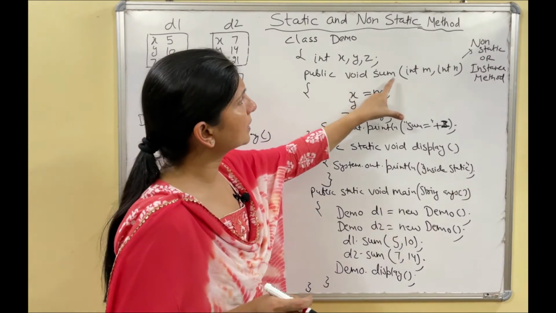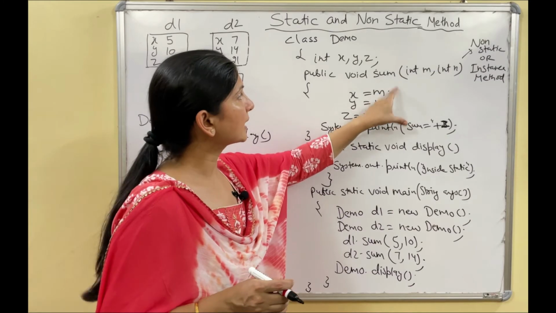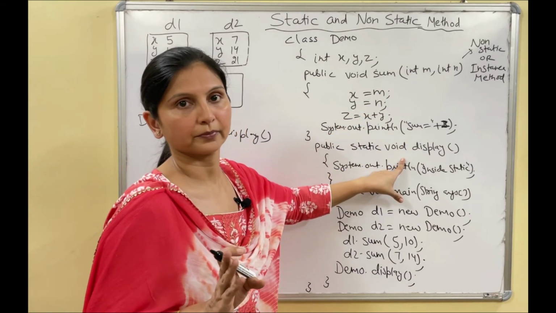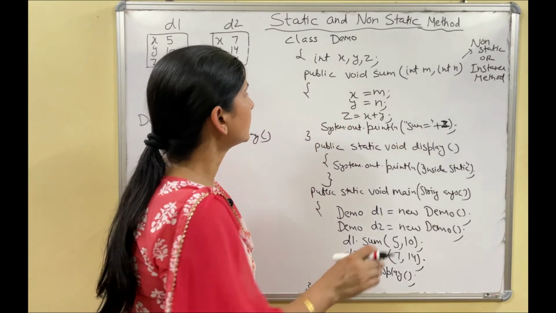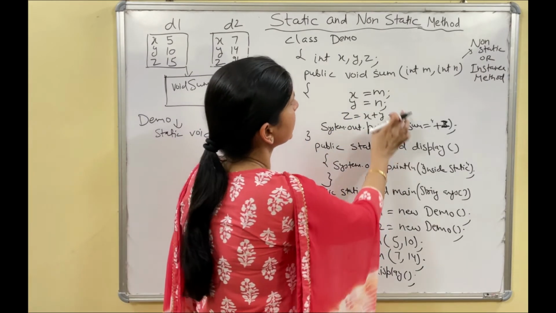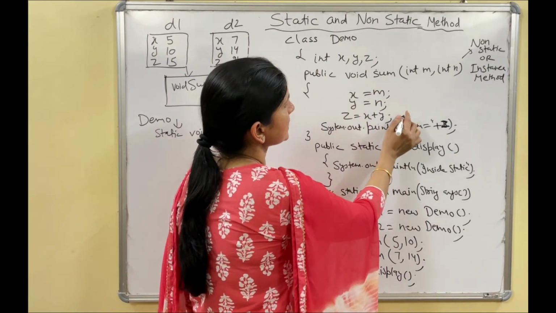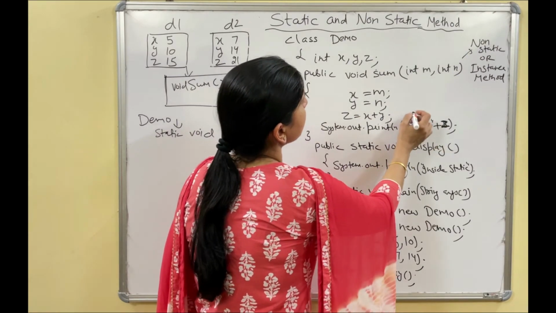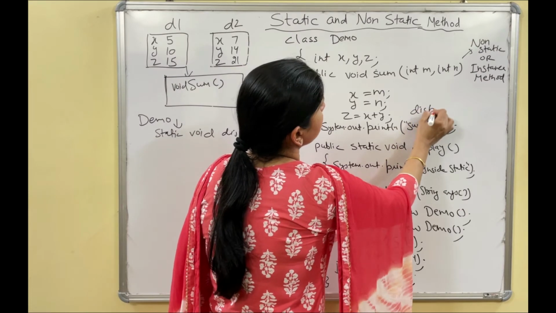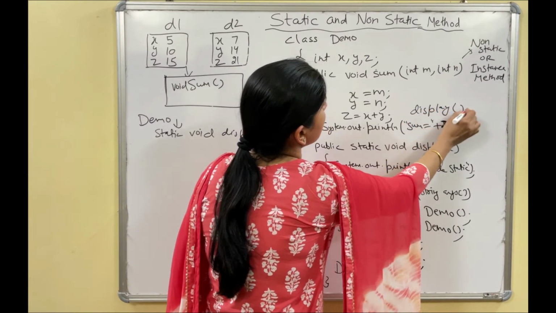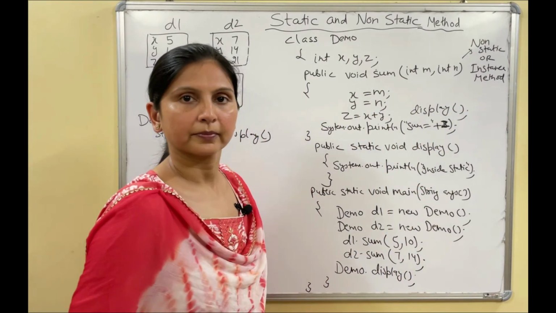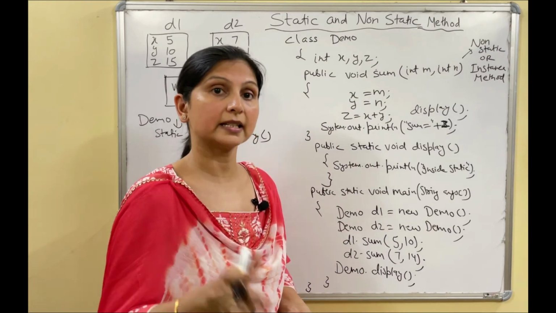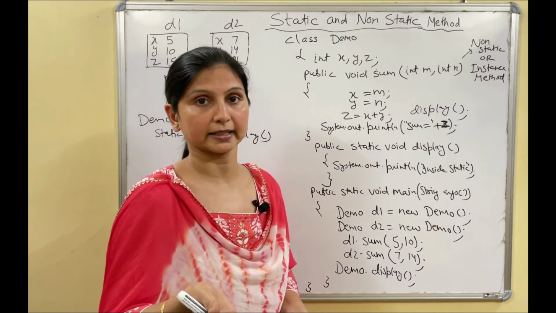So this is a non-static method, right? Can I invoke this static method? Yes, I can invoke. Fine. I can directly invoke. If I want to invoke this display in this non-instance method, in this non-static method, I can simply write display or class name dot display, because non-static can access any static or non-static.